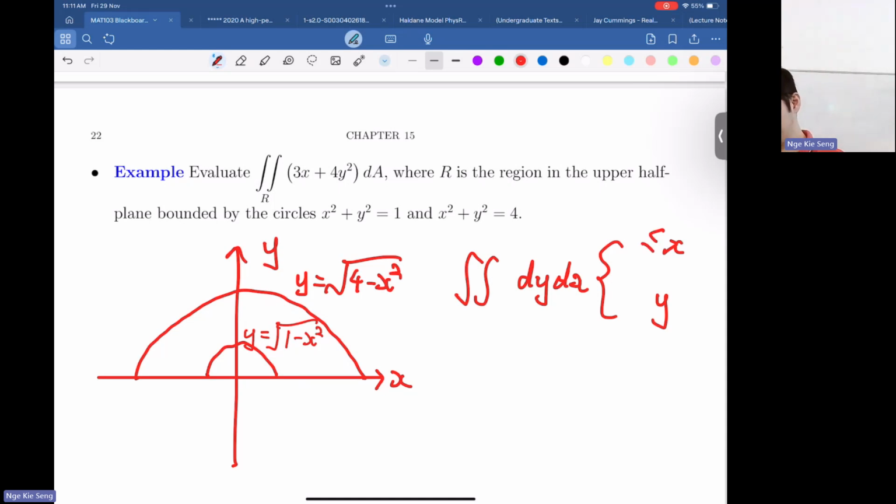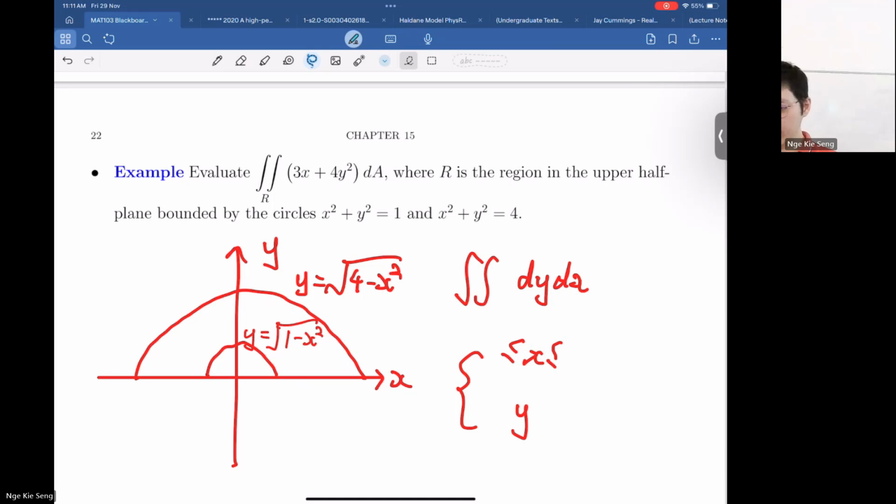Where is your x going from and to? Can you find all the intersections now? Because this is radius 2, centered at 0, you can quickly find the intersection with the x-axis.